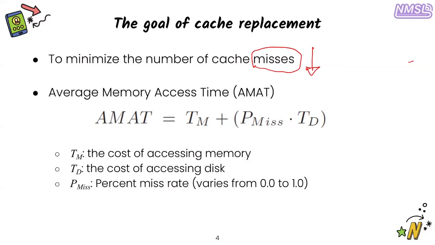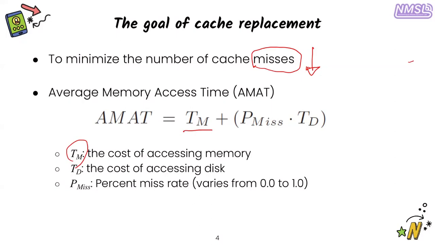So we need a metric to evaluate the effectiveness of the replacement algorithm. And for that, we have something called AMAT, average memory access time. This has three components. First is T sub M, which is the cost of accessing memory.